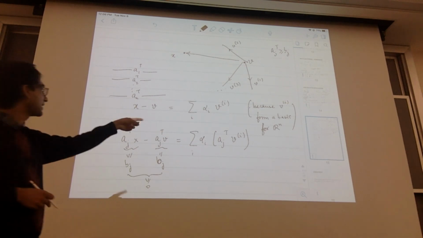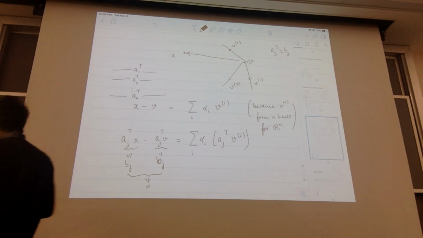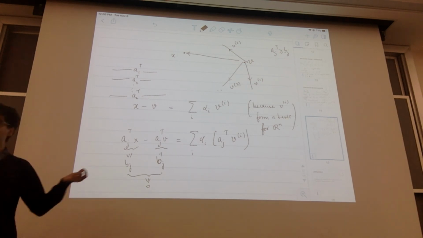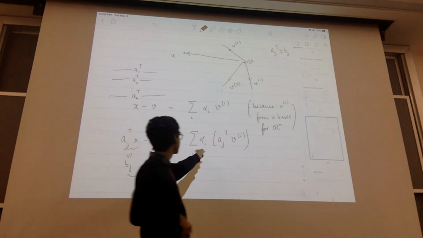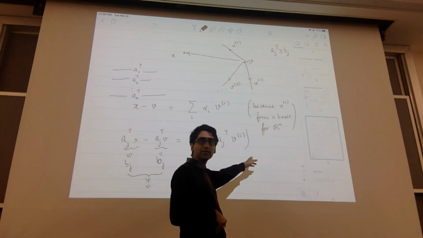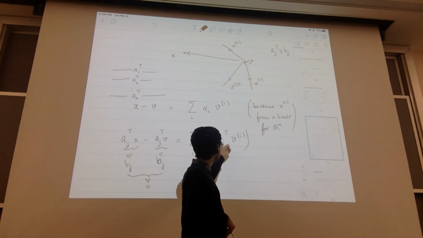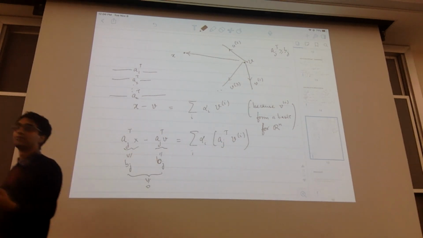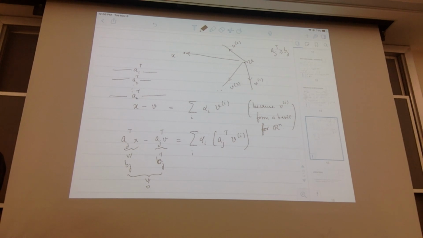Now what is the right hand side? You can use the exact same argument to say that this is a sum over different i's. But we already saw that Aj transpose bi is 0 when i is not equal to j. So this is exactly equal to alpha j times Aj transpose bj.